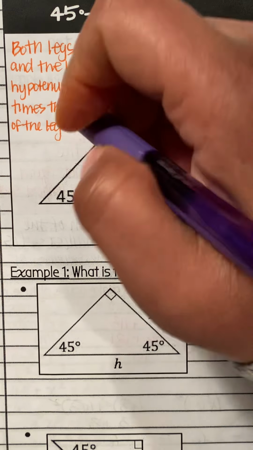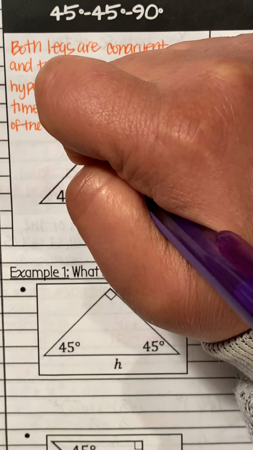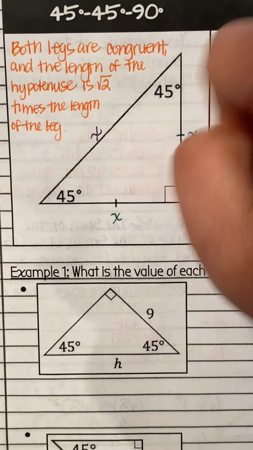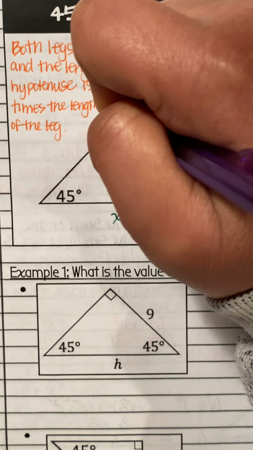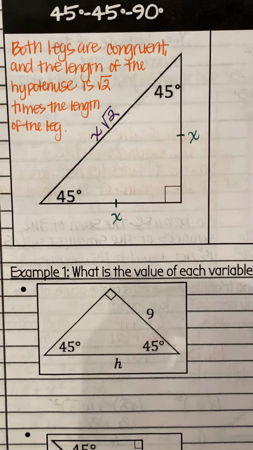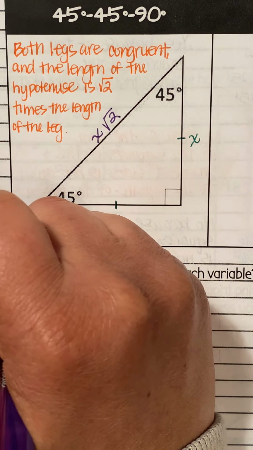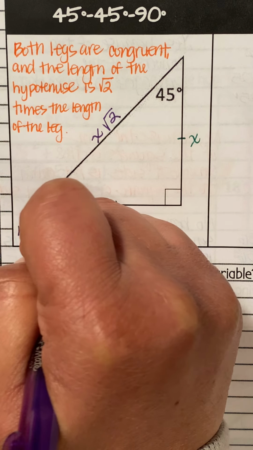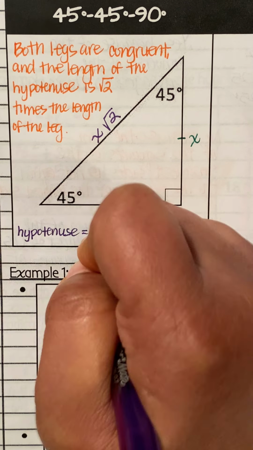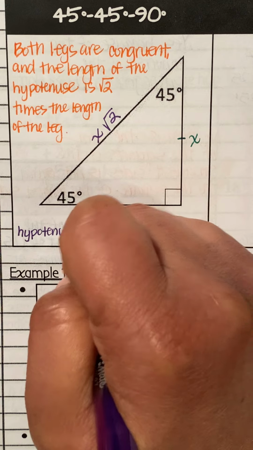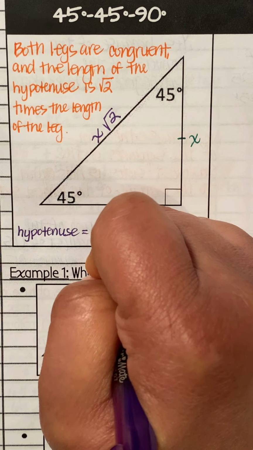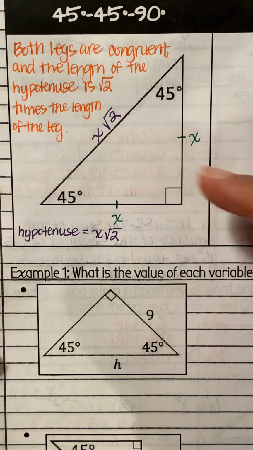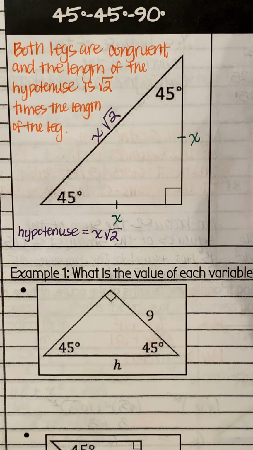So we have this x, which is the length of the leg, times the square root of 2. I'm going to write down here that the hypotenuse is equal to x times the square root of 2. All right, so these are the components you need to remember about a 45, 45, 90 degree triangle.